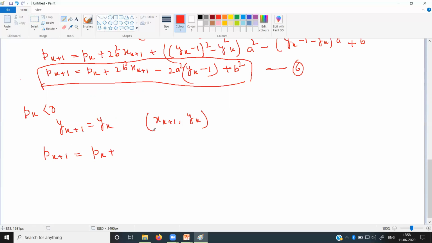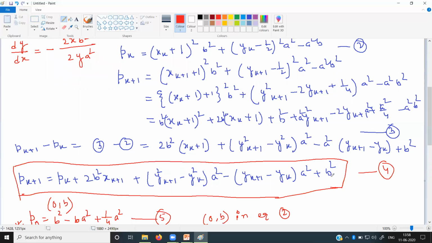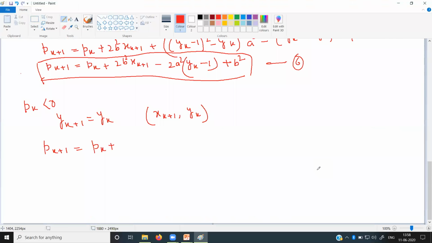Fine. So if I put this point in the previous equation, equation 4, what will I get? I will get p of k plus 1 equals pk plus 2b square x of k plus 1 plus b square.